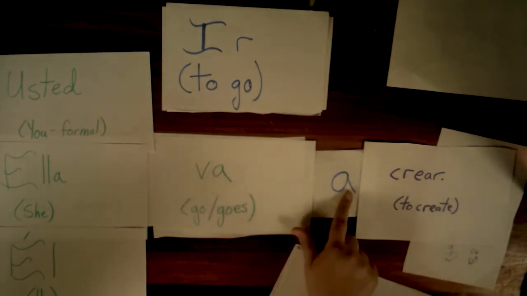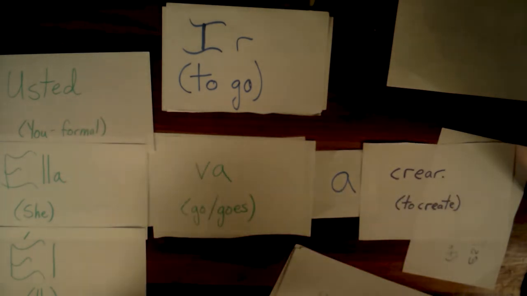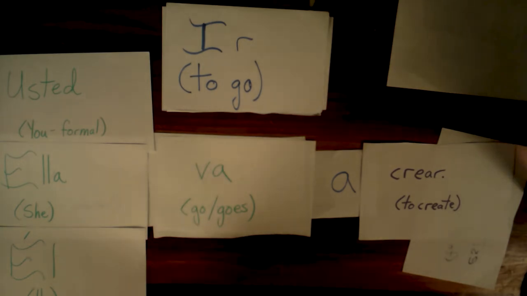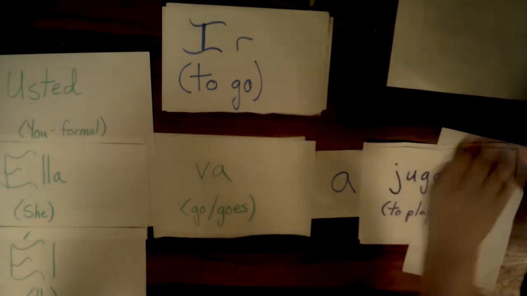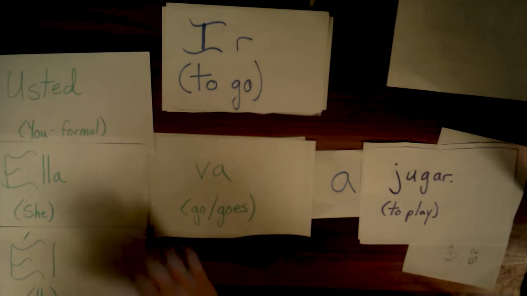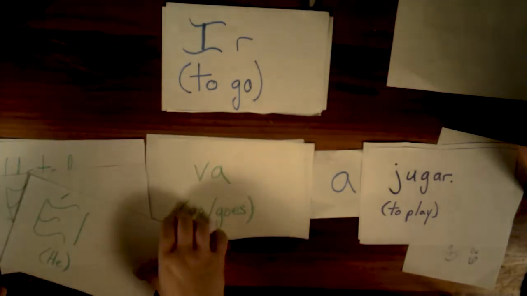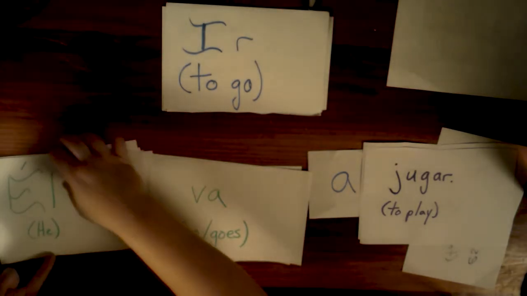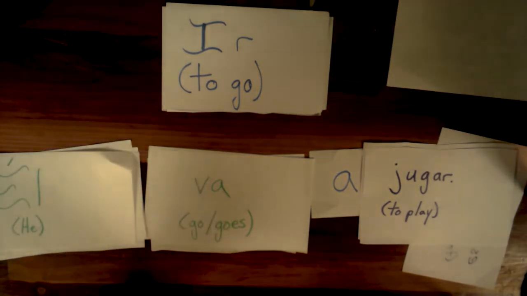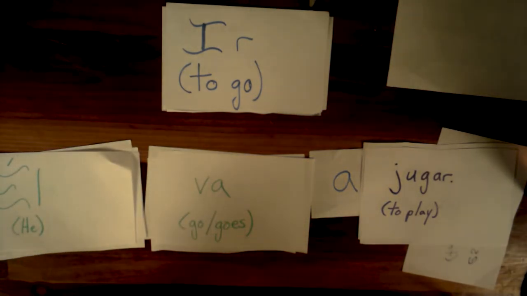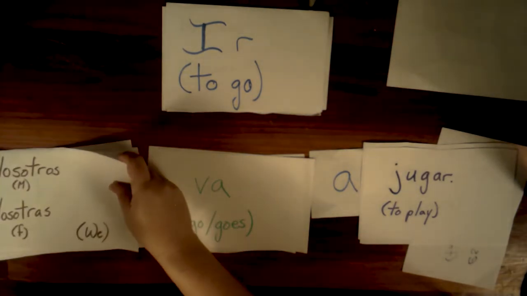So usted va a crear, ella va a crear, él va a crear. Or jugar, to play. He, she, or you formally go to play, or going to play. So that's very important as we learn more verbs.